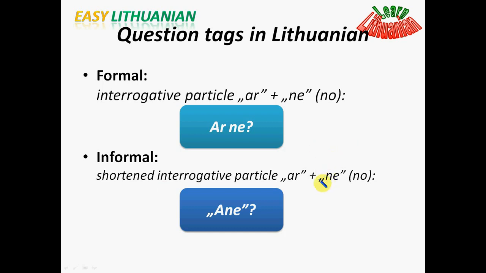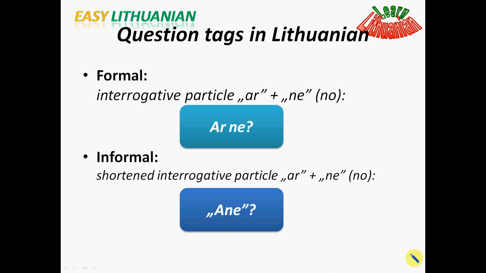And there is also an informal variant of this question tag. In this informal variant, the interrogative particle "ar" is shortened, and the sound r disappears, and we get "ane". This is always used in informal conversations.